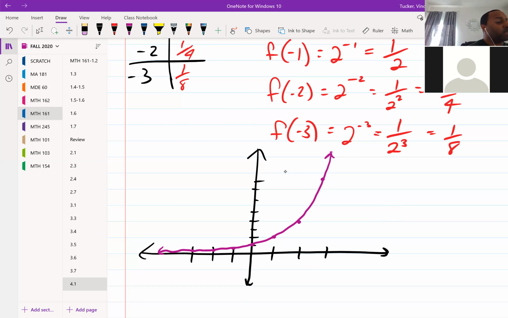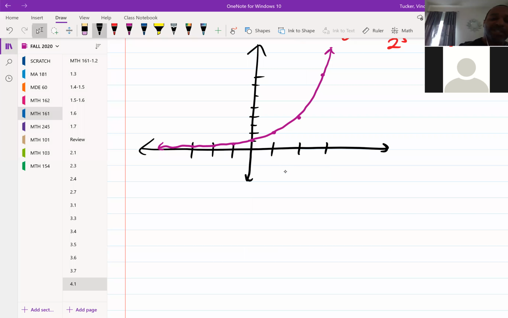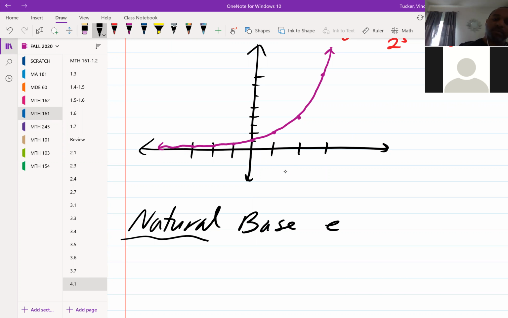So take a look at that. I won't spend too much time on graphing. You guys are graphing pros at this point. Same concept.